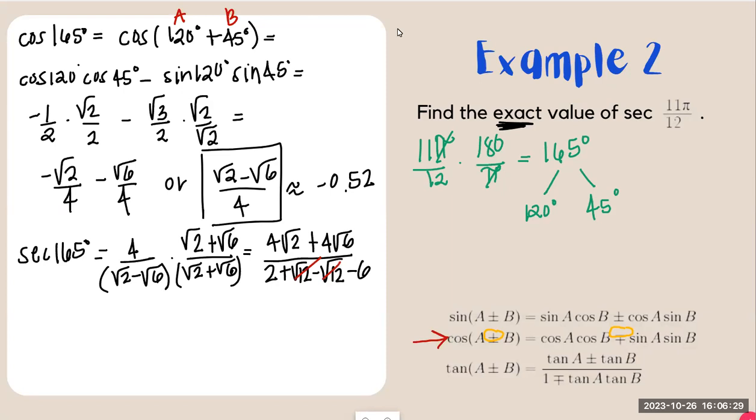So on the bottom, we're going to subtract 2 minus 6 equals negative 4. The last step is to divide by negative 4. We can divide both terms by negative 4, so we get negative square root of 2 minus square root of 6.